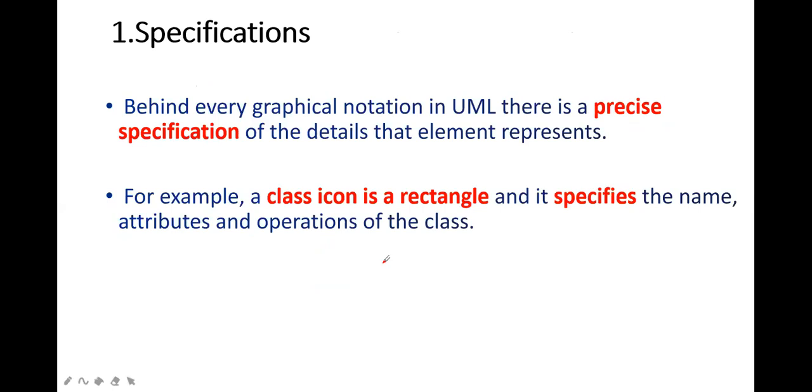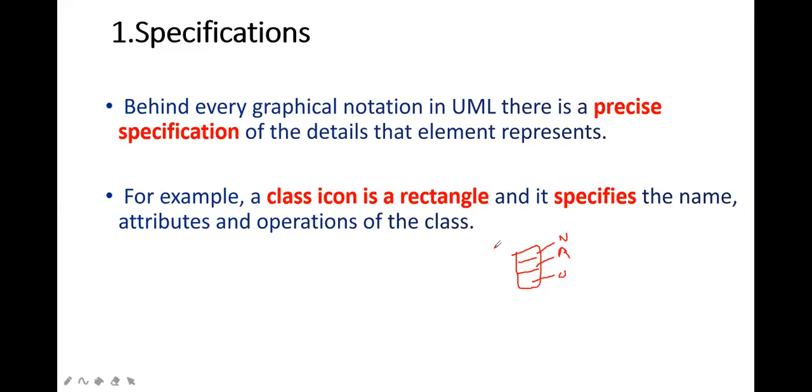For example, whenever I define a class, I have a graphical notation for this class. I'll write the name out here, the attributes out here, and the operations out here. So when we see the class icon, it will specify the name, attributes, and operations, and it has all the detail behind it.